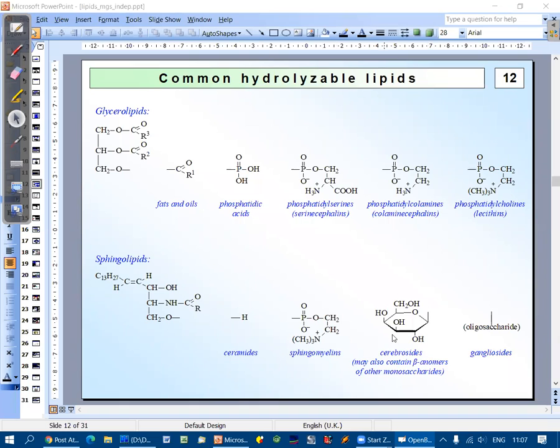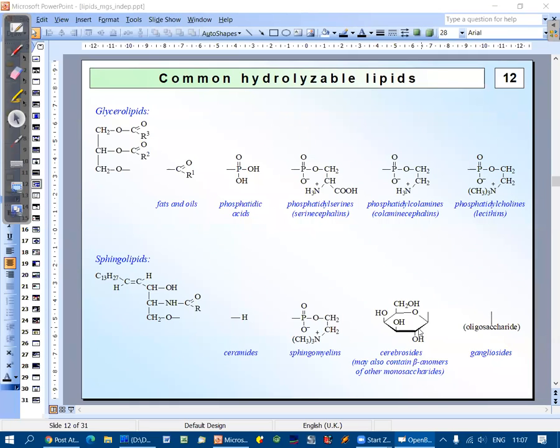If it is the residue of sugar, it will be cerebroside. And here, this is the residue of galactose. So this is galactocerebroside. It must have beta configuration here.